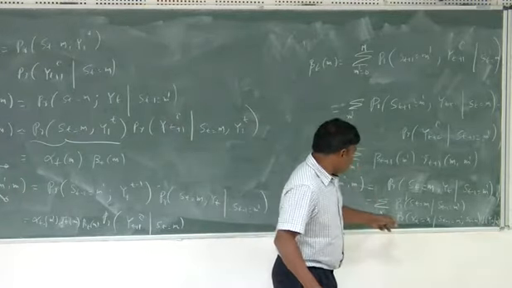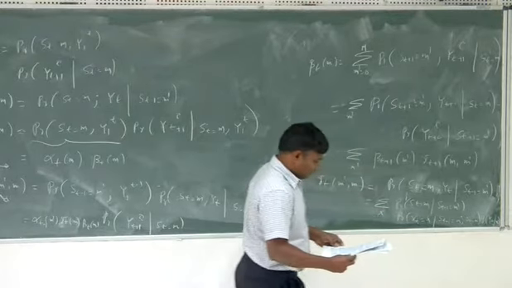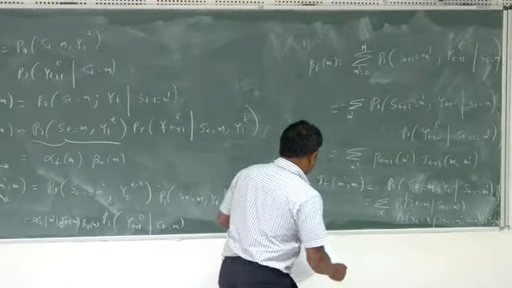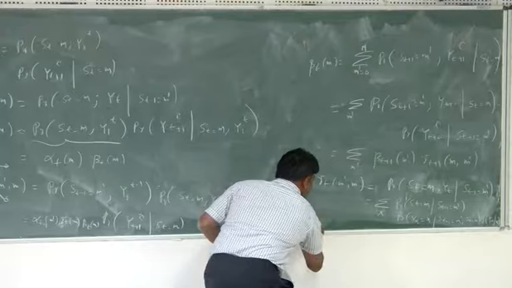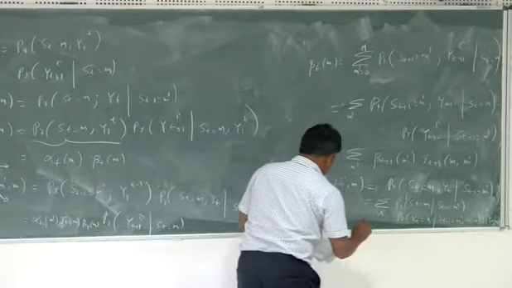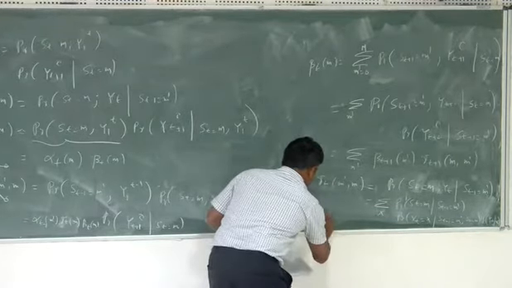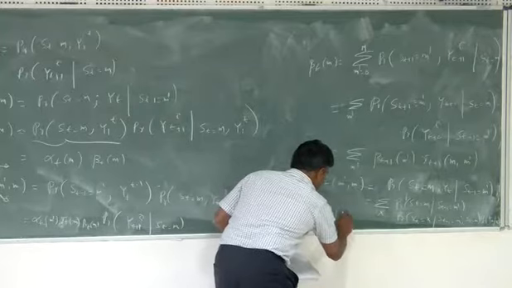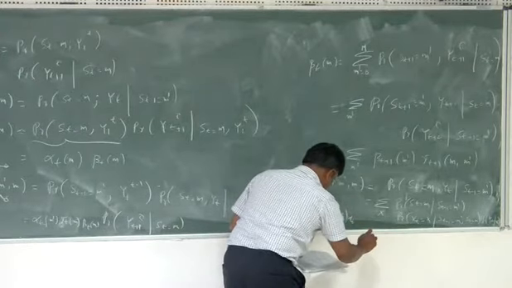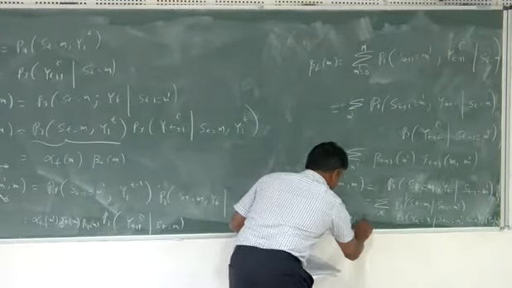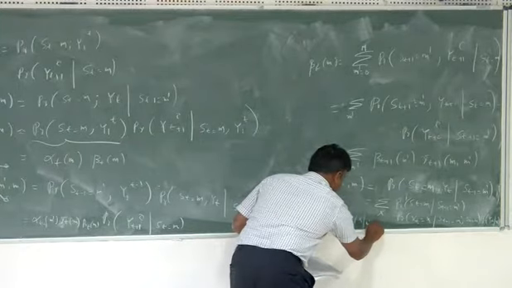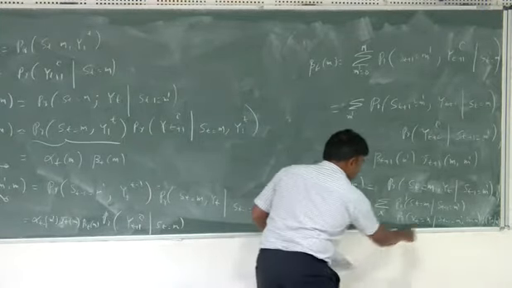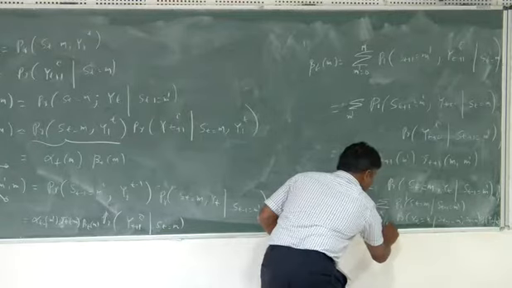And this one is something related to q t, is it? Is equal to, right here, summation over x q t of m given m prime, q t of x given m prime comma m, and this is probability of y t.